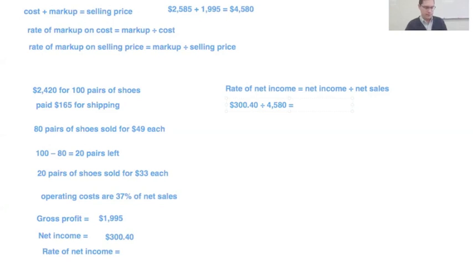And get our calculators. $300.40 divided by 4,580. Okay, and that gives us this beautiful number right here. We're going to round to the nearest tenth of a percent.